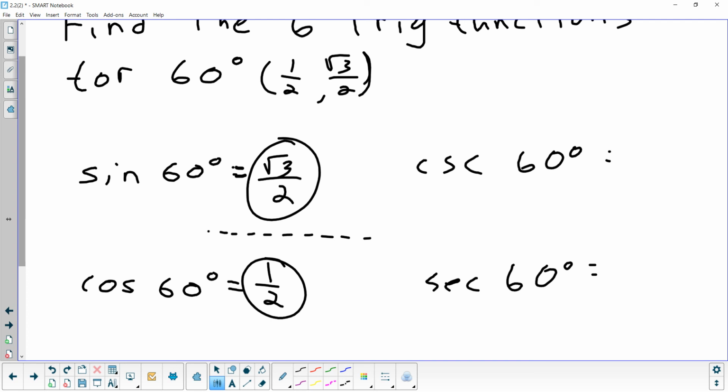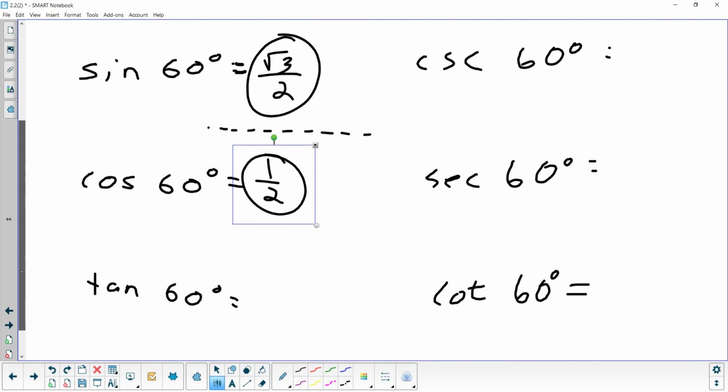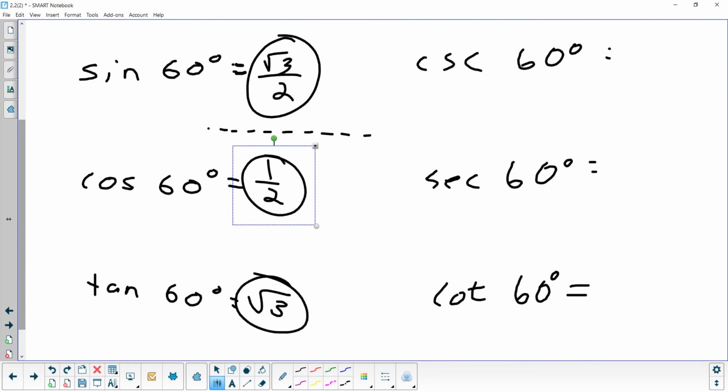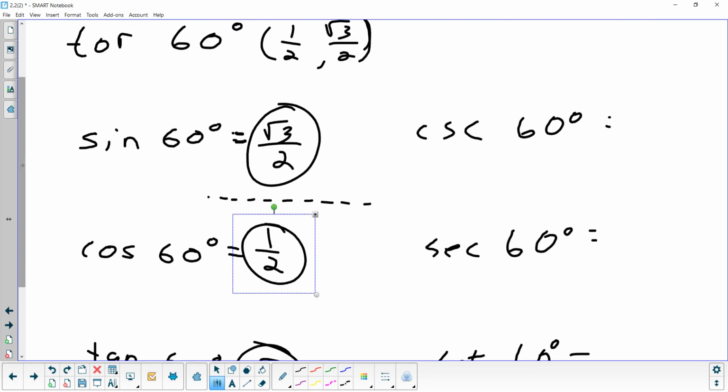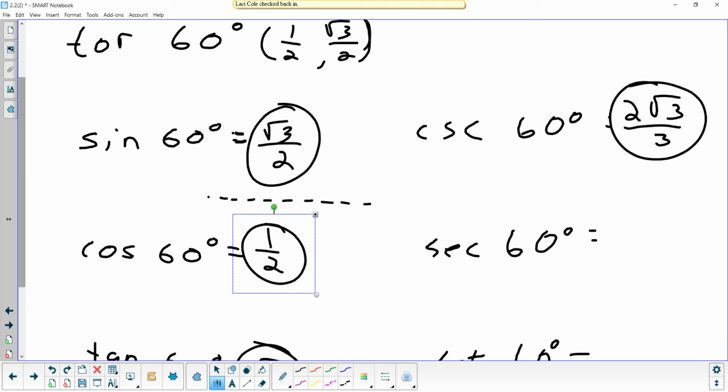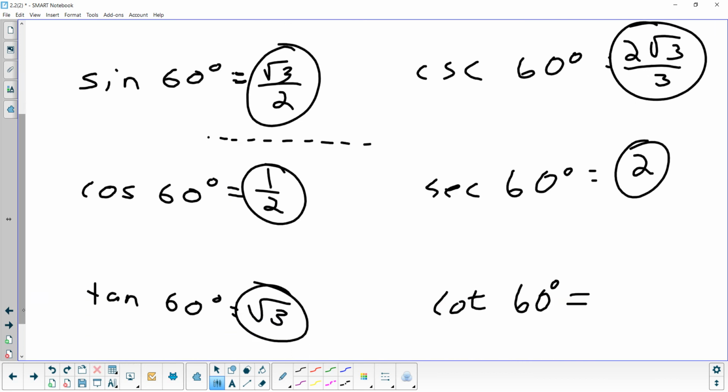So all I'd be left with is square root of 3 divided by 1. So that would give me square root of 3. And when we flip them, we're going to get the same answers that we had in different spots. That's going to be 2 root 3 over 3. That one's going to be 2. And the last one is going to be root 3 over 3.